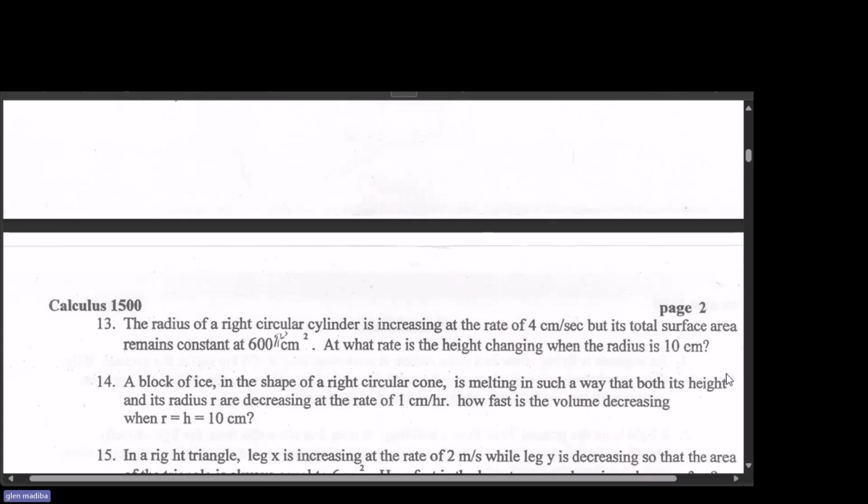Full stop. How fast is the volume decreasing when R, which is radius, equals H, which is height, and both of them equal 10 centimeters?